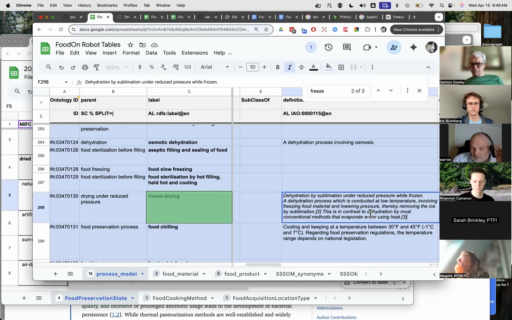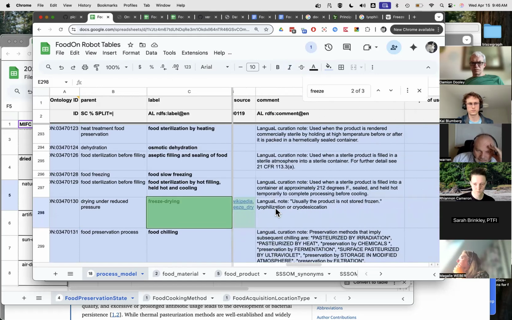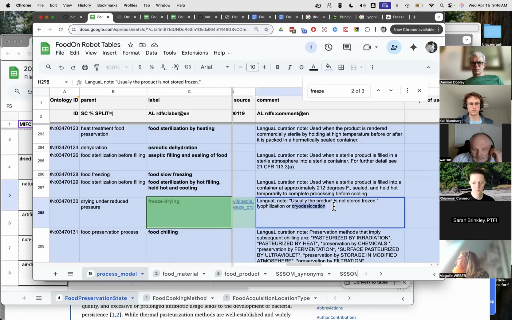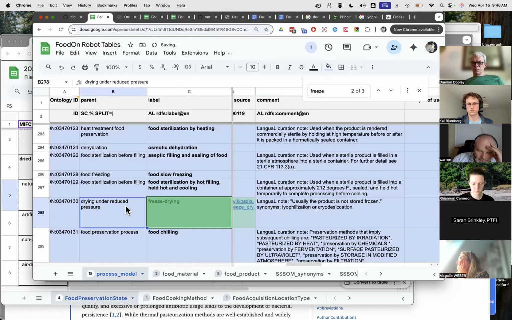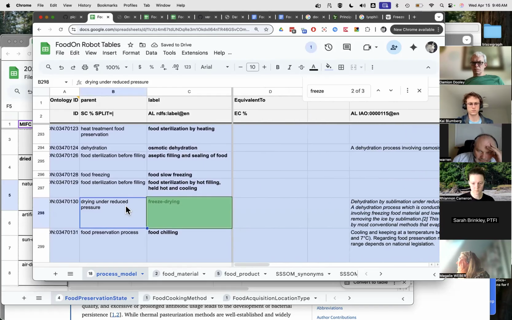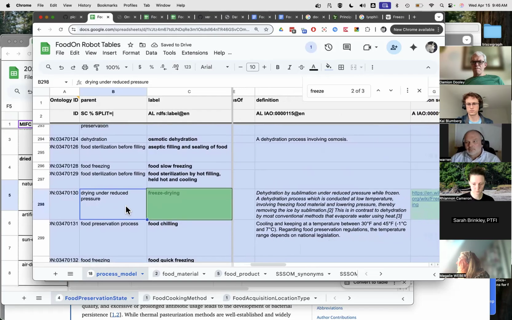In a desiccator in a chemistry lab, they use a solid material that is anhydrous, which means it's lacking water, and so the water is attracted to that anhydrous material. That can be done in a freezing environment, but then that would not be under modified pressure. That would still be at atmospheric pressure.